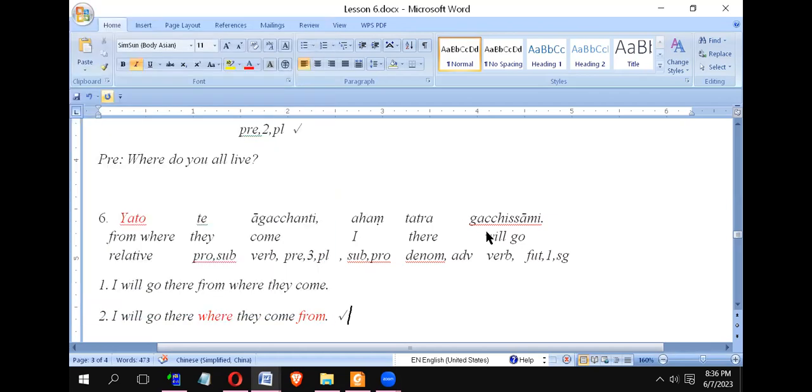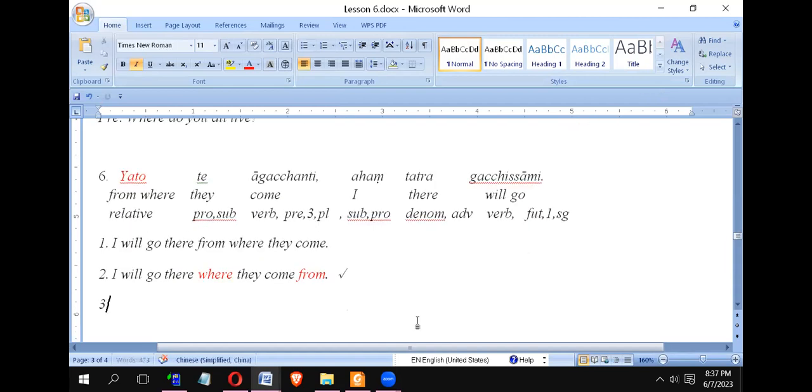Yes, on this one, can I put it this way? From where they are coming, I shall go there.